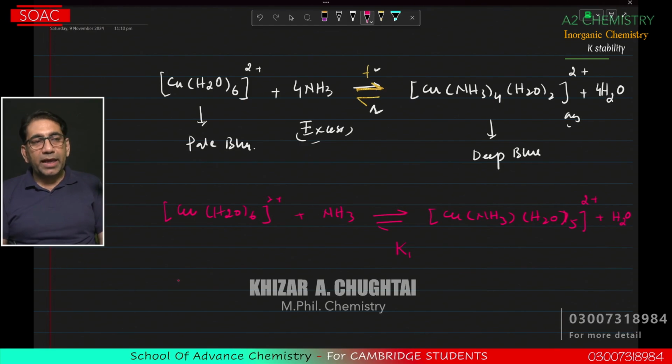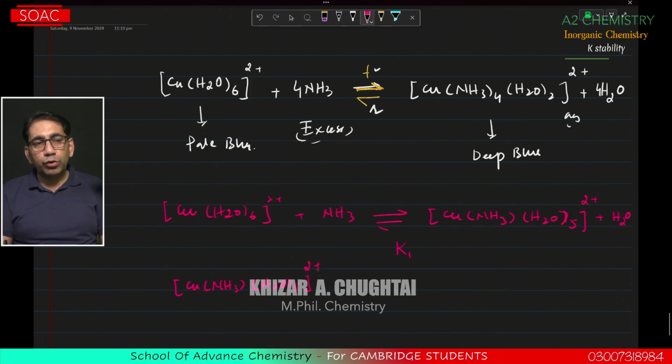What is the next step? The next step is Cu with one ammonia and 5 H2O molecules, with a 2+ charge. Another ammonia is going to exchange and replace a water molecule.